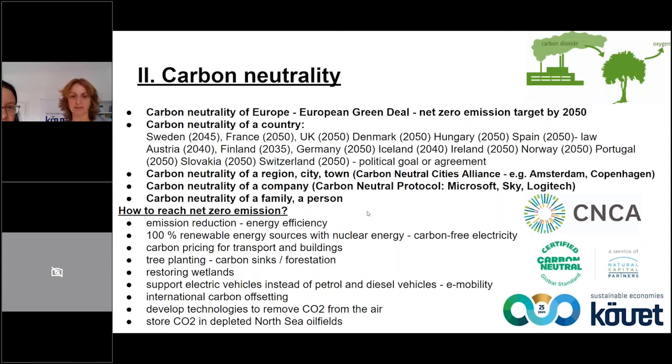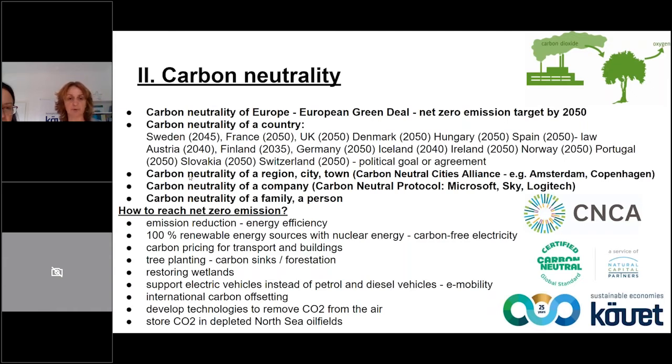And there is the existing Carbon Neutral Cities Alliance, which, for example, Amsterdam and Copenhagen are part of. They have also this very strong target to be carbon neutral. It can be also for a company, as the science-based target is also mostly about companies.